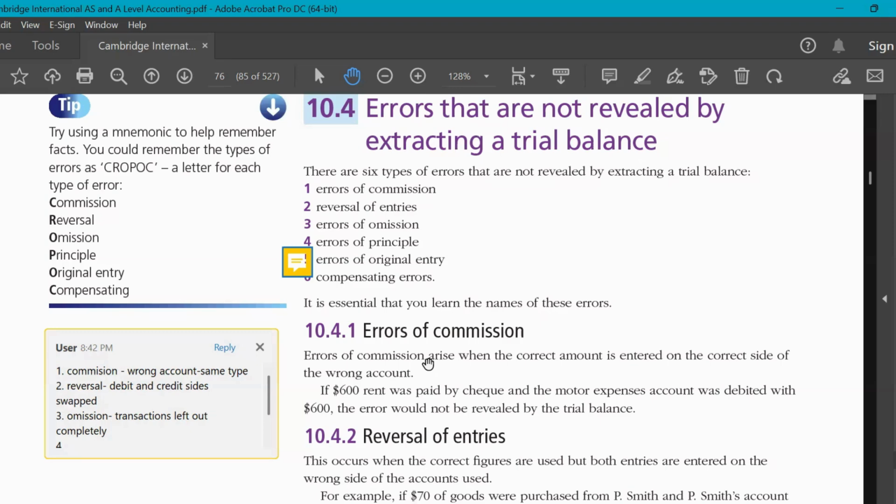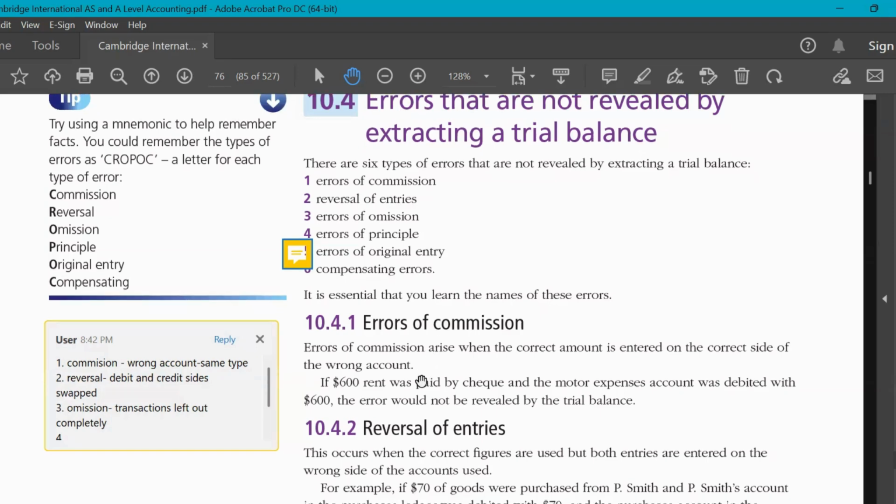For example, instead of cash, you have to put it on the cash, but you put it on the receivable. But usually errors of commission, we commit them on the expenses. Next will be the reversal of entries.